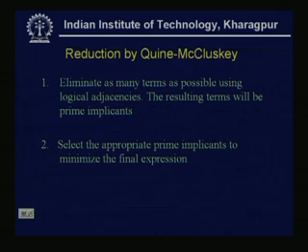So, here we are eliminating terms by noticing only the min terms. We will see the example later. And next, we have to select the appropriate prime implicants to minimize the final expression. Now, see how we are doing that.